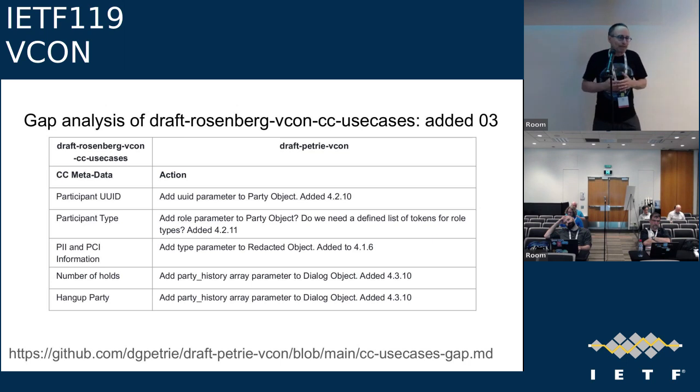What we weren't capturing is the individual events that are happening for the specific parties, like this person joined late, or this person dropped out in the middle of the call and rejoined. So it took these last two parameters and created a new concept of events within a dialogue.